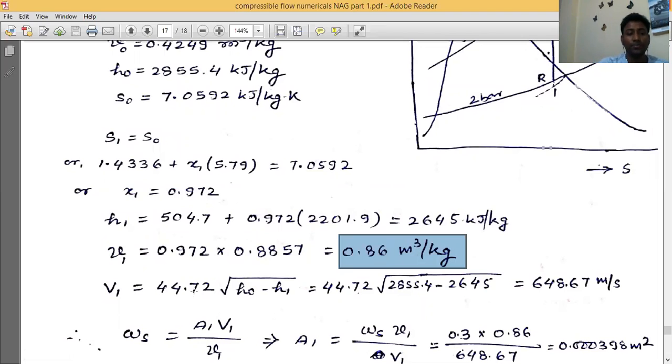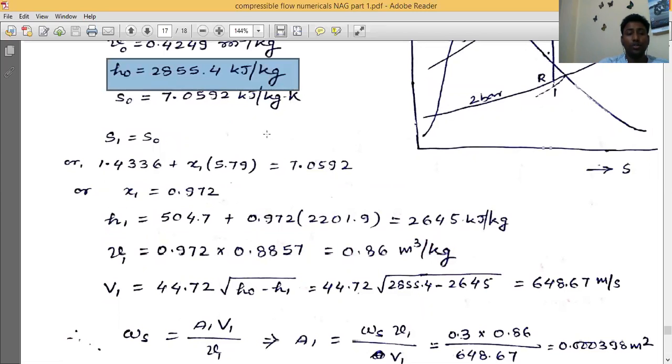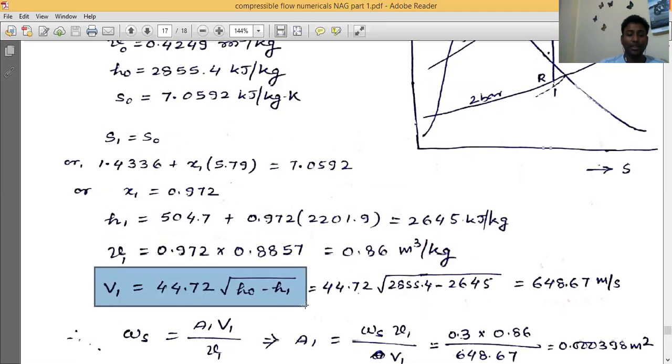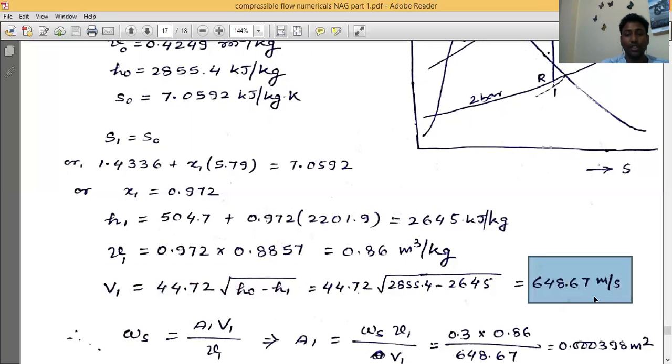We have the h1 value and we have the h0 value. With this enthalpy drop, h0 minus h1, we can get the velocity v1 at the exit by this expression. Substituting h0 and h1, we get v1 as 648.67 meter per second. The mass flow rate is given as 0.3 kg per second.